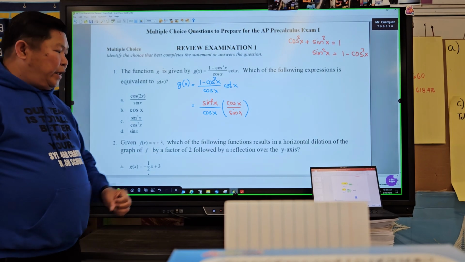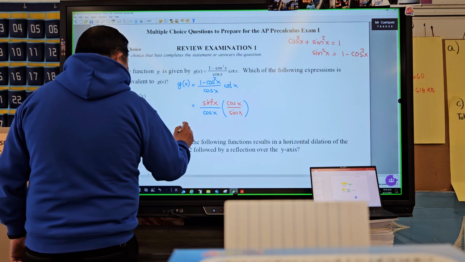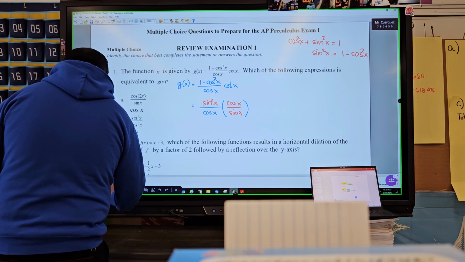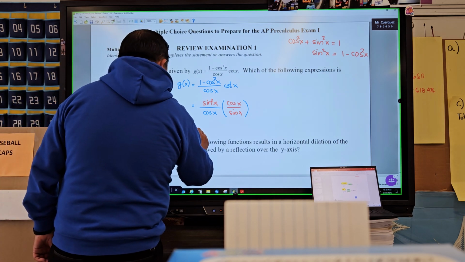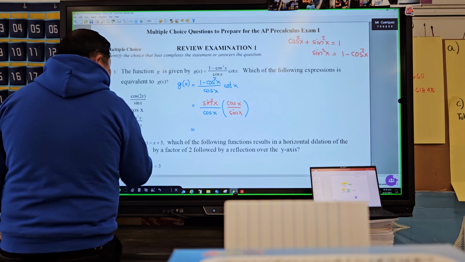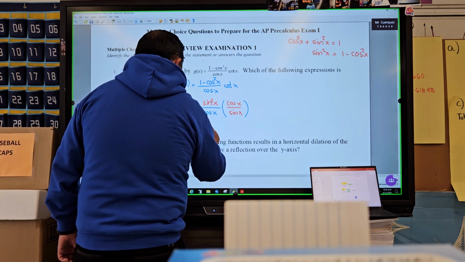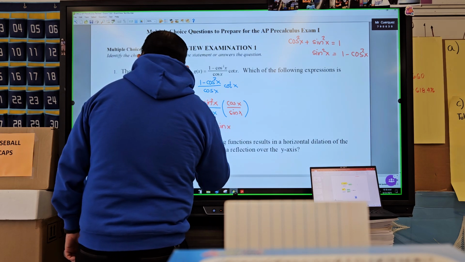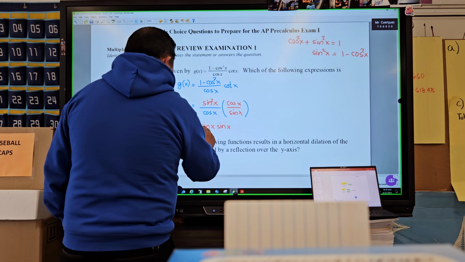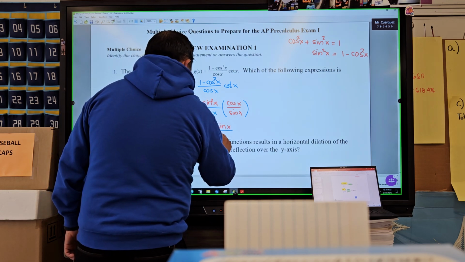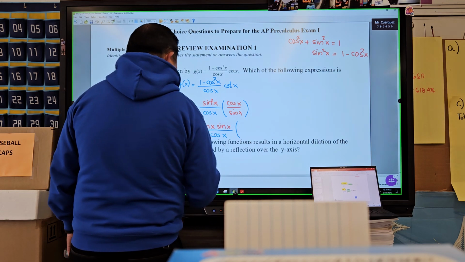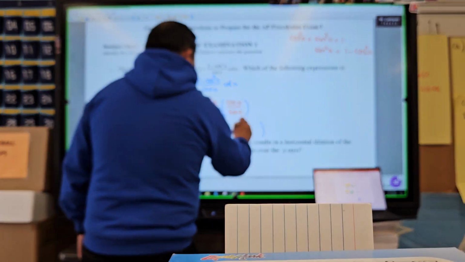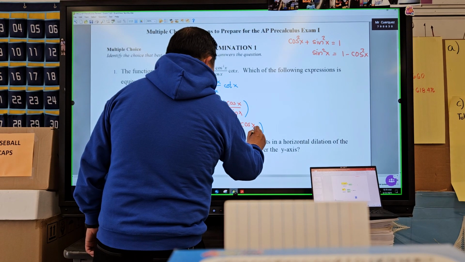Sine square x, there are two sines. So I can write this now as sine x times sine x, and then divided by cosine x, and then times cosine x over sine x.